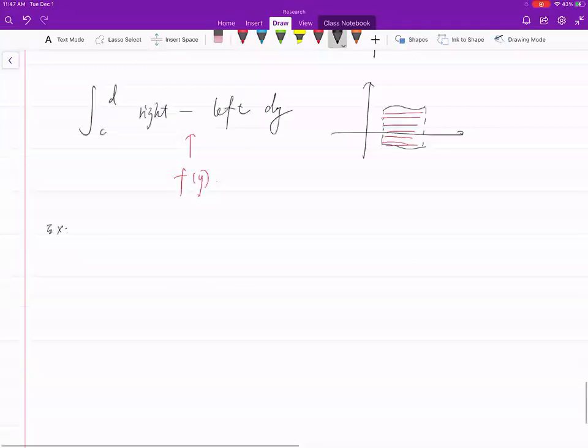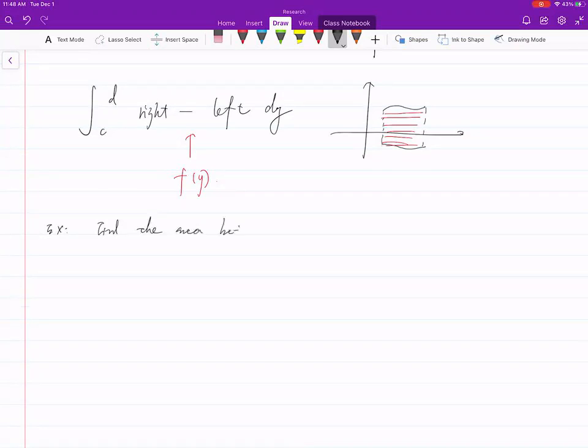The last example, you do it by yourself. Find the area between y equals square root of x, y equals x squared and y equals x.